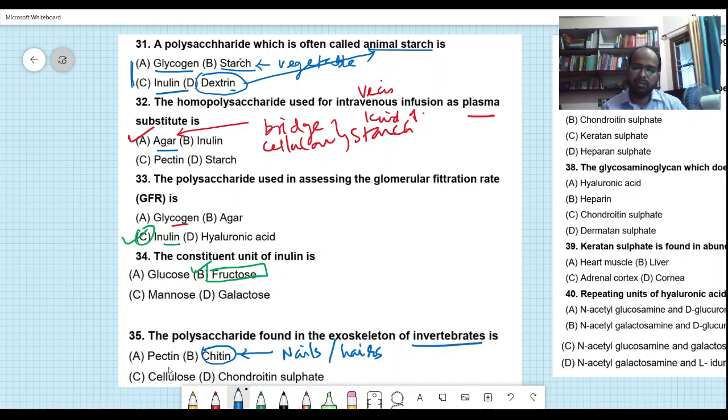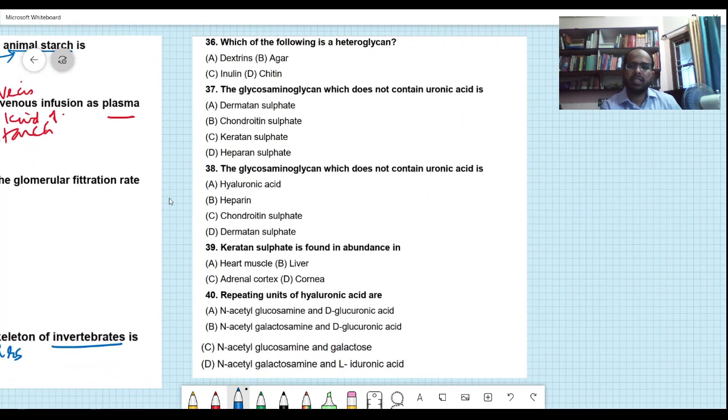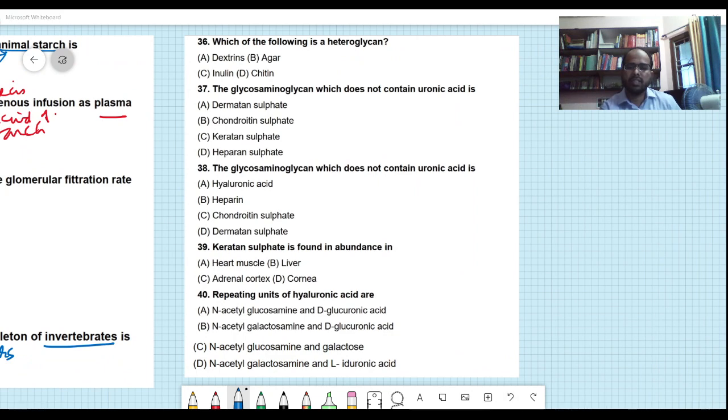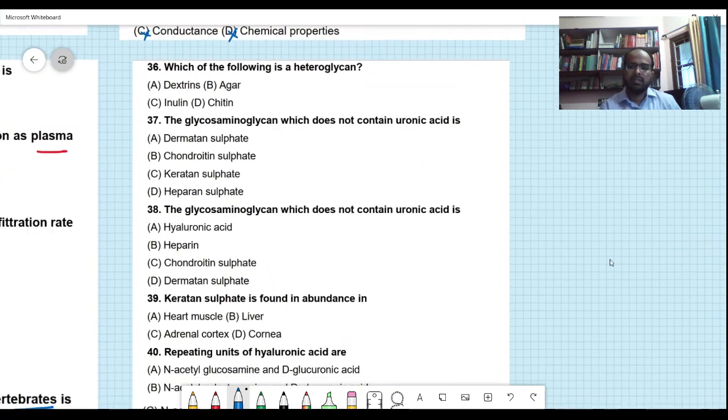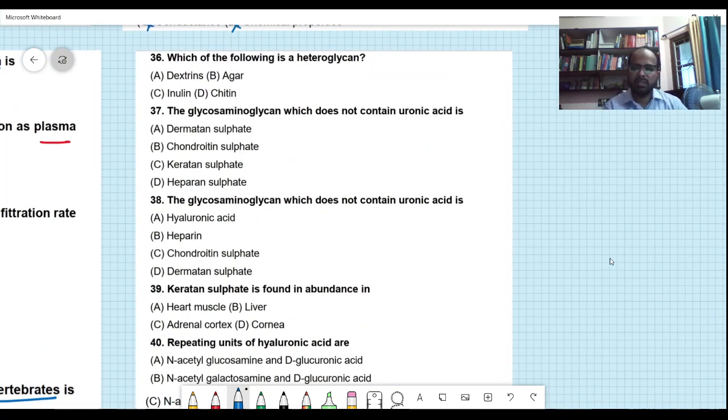Pectin is also found, but this is a very good, strong, water-insoluble substance. So 35 we have seen. Now the next is 36. Which of the following is a heteroglycan? I think it's not in your syllabus, but just find out what it is. 36 is B, that is the right answer.